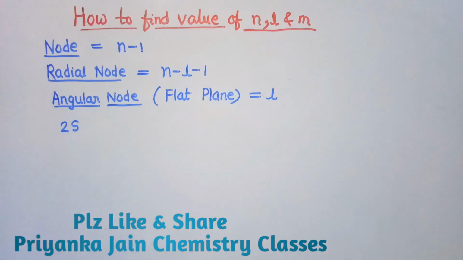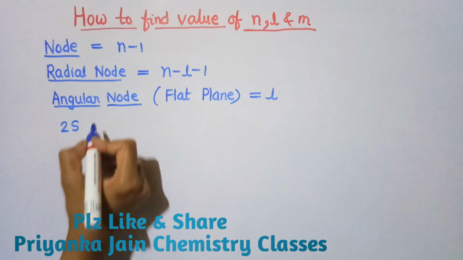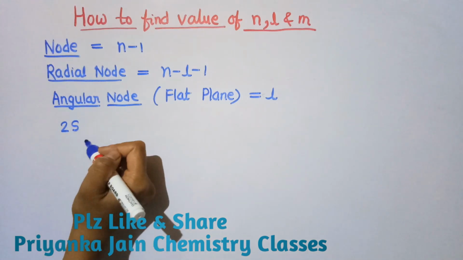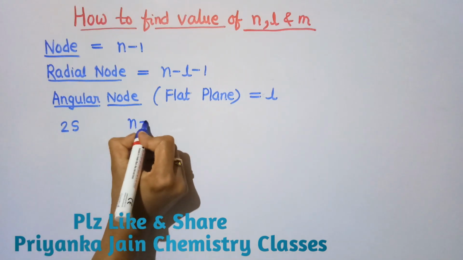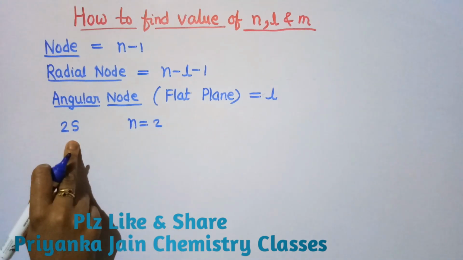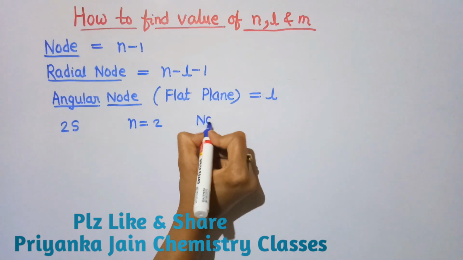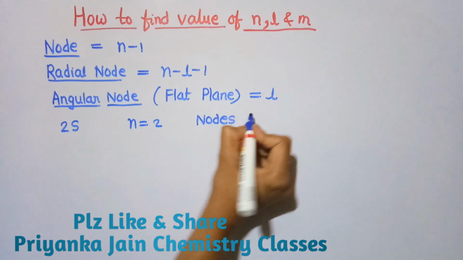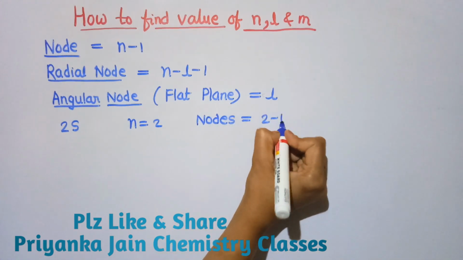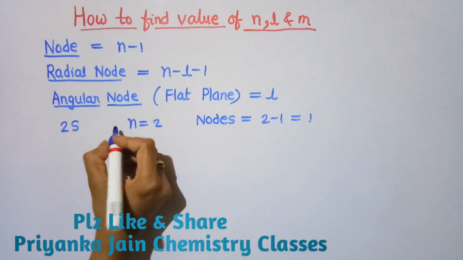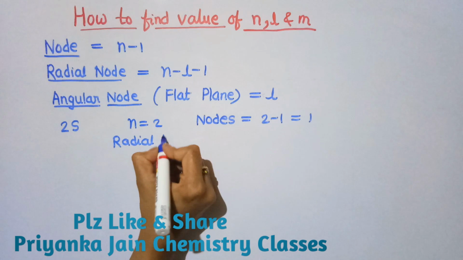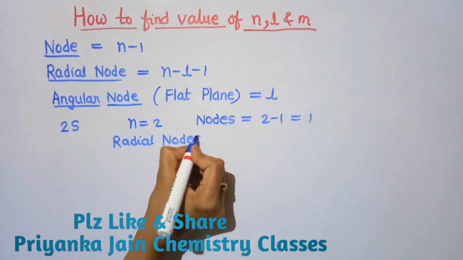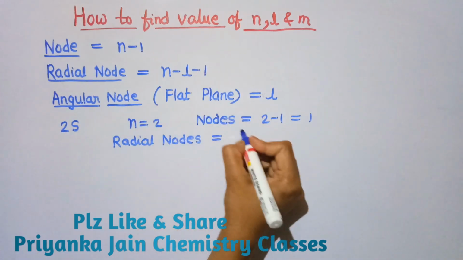Suppose we are given the 2s orbital. We have to find the number of nodes. Here the value of n is equal to 2, so the total nodes will be 2 minus 1, which means 1 node. Now see the radial nodes. Radial nodes are equal to n minus l minus 1.